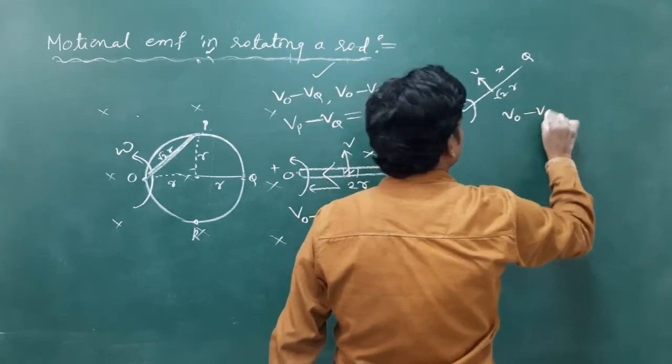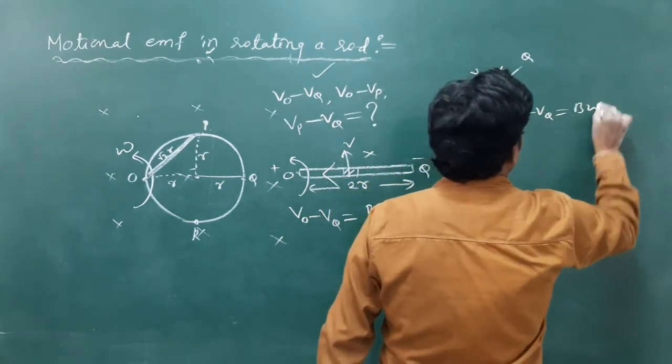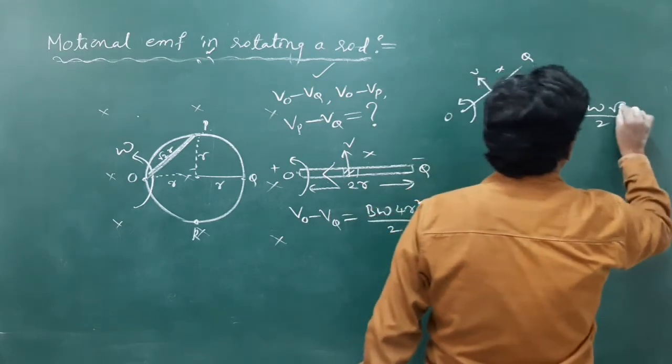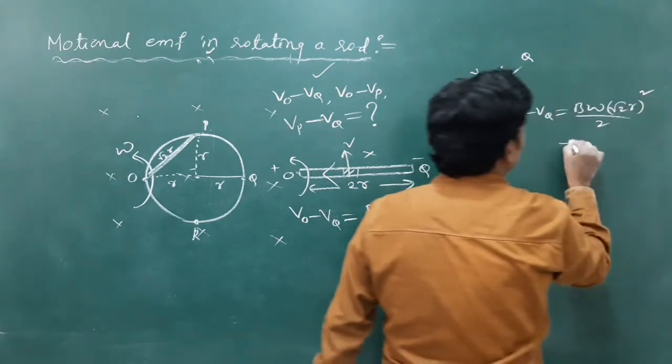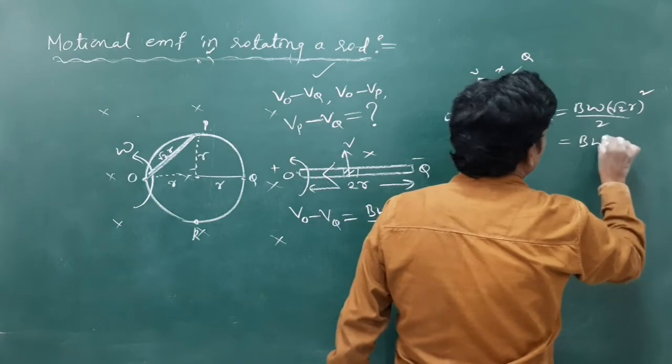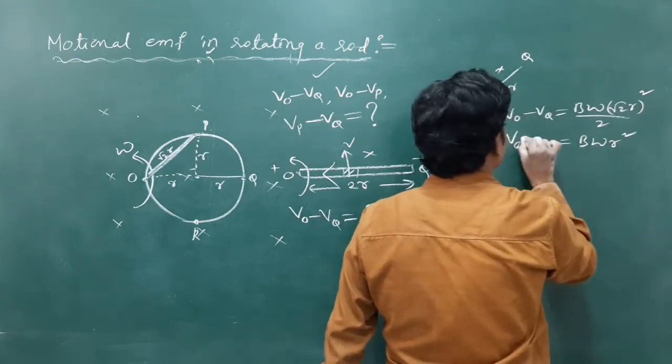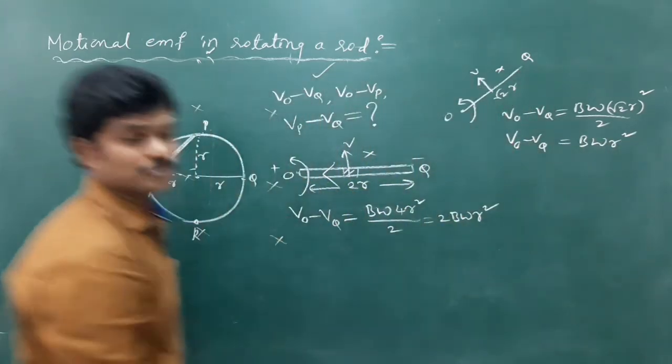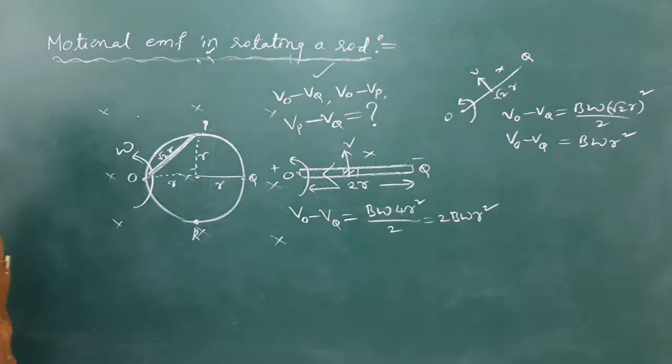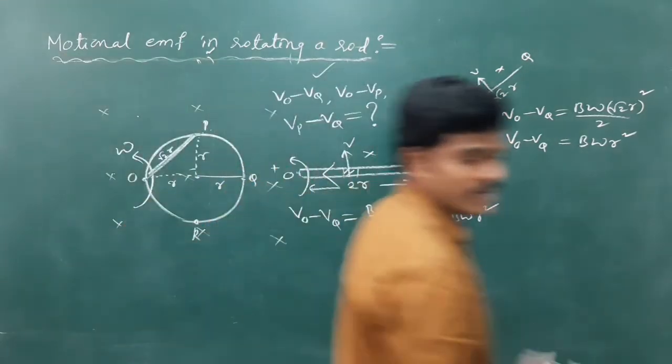So VO minus VP is B omega L square by 2. How much is L square? Root 2r square. Then B omega r square. Just check the answers. VO minus VP, I got it as B omega r square.